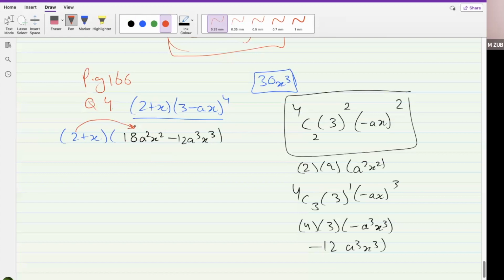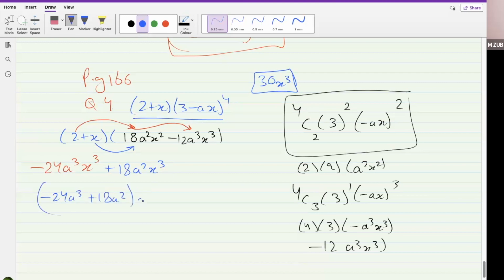Now, when I multiply with 2 with the first term, I don't need it. This stays x square. So we switch to the side and multiply these two. So 2 into 12 is minus 24 a cube x cube, right? And then we multiply this x with the first one to make it x cube. That is 18 a square x cube. Now you take out x cube as common. So you're left with minus 24 a cube plus 18 a square x cube.